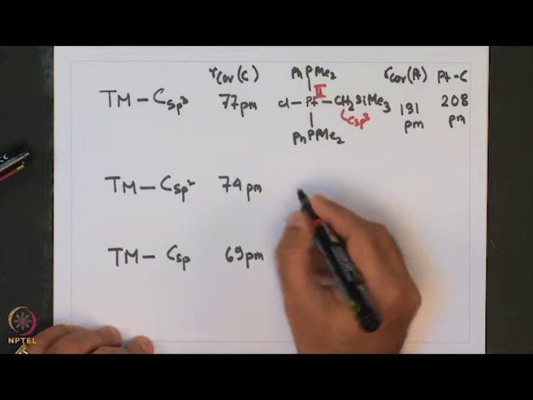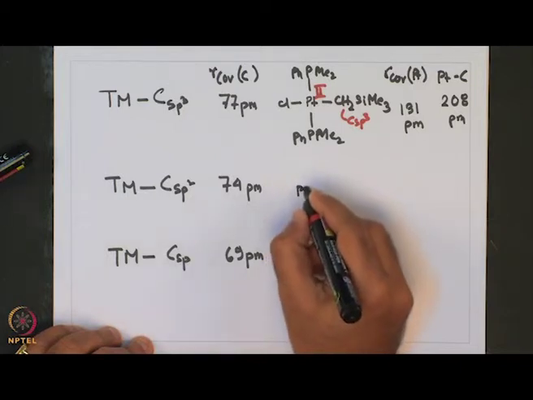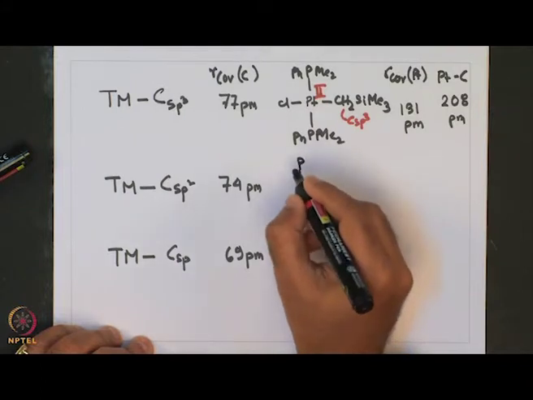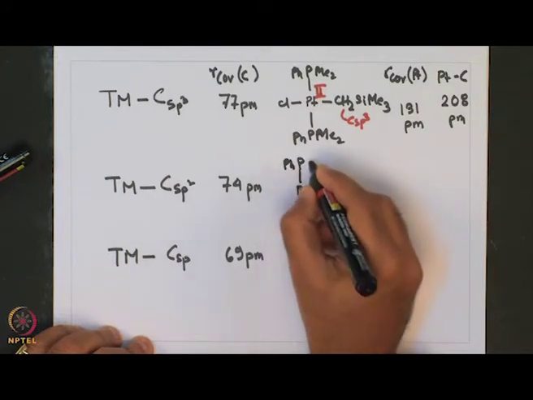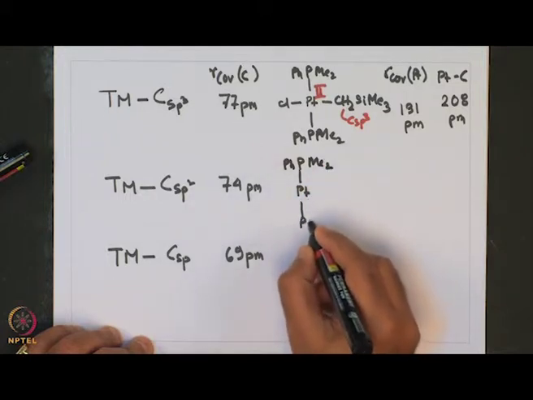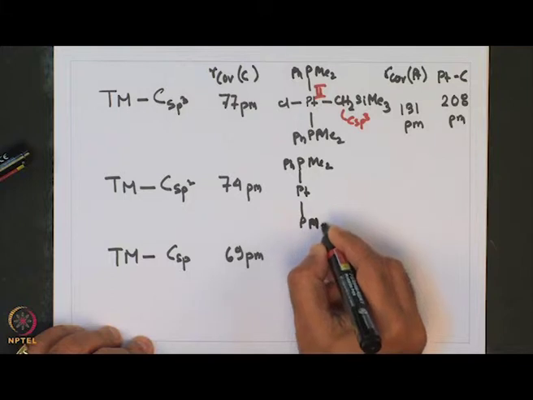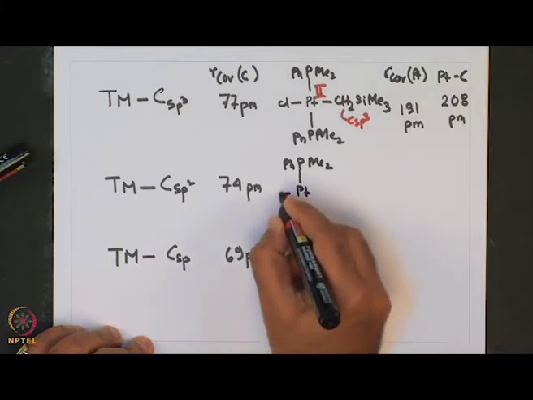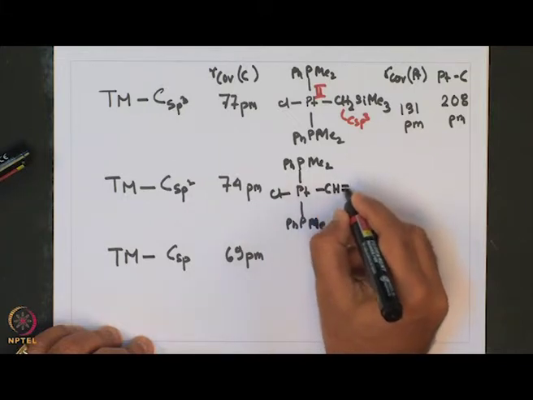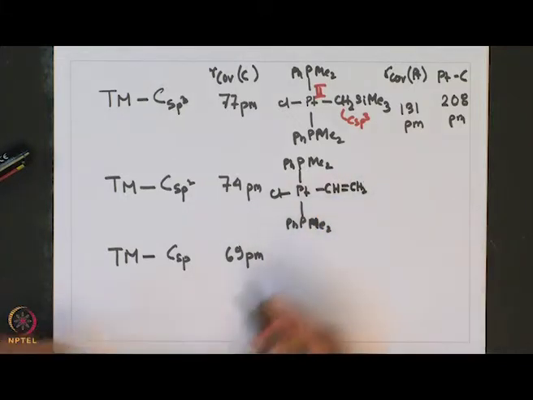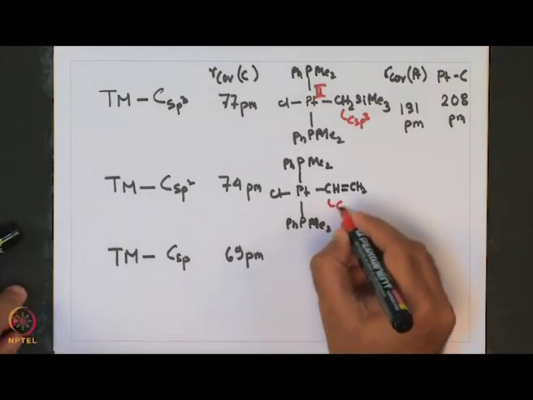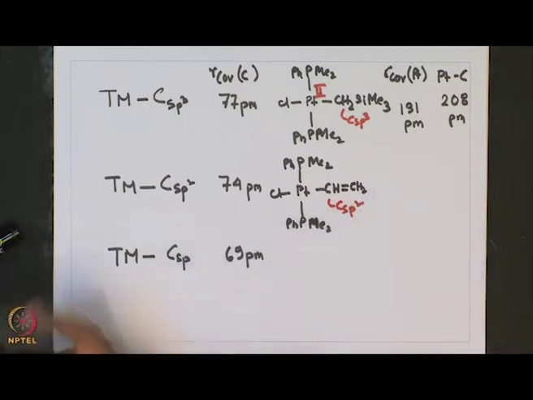Now, in another related complex, similarly, when platinum is bound to two phosphorus, PPhMe2, PPhMe2, chloride and CH=CH2, where the carbon is now a Csp2 center.